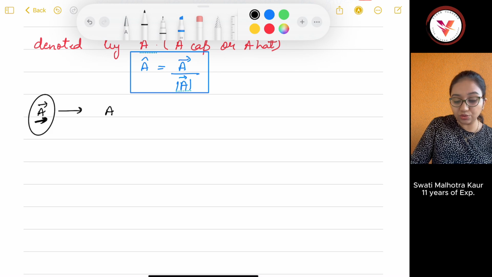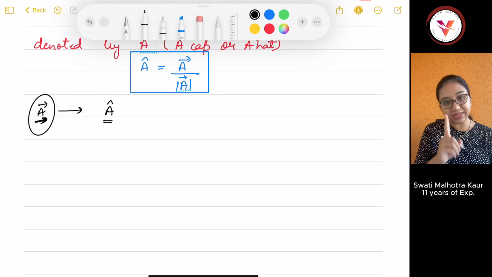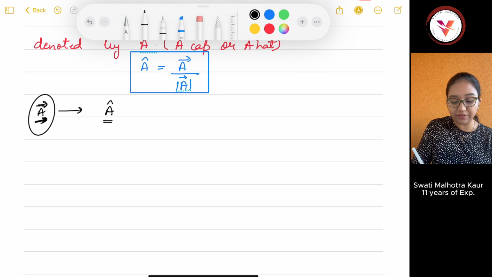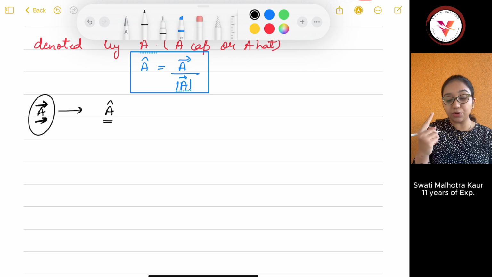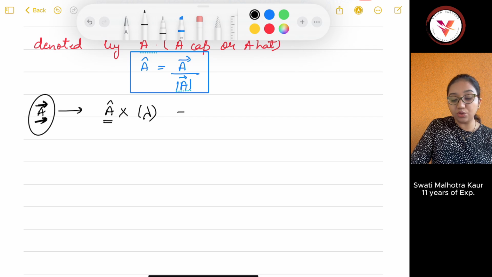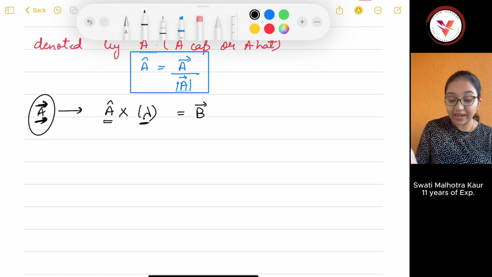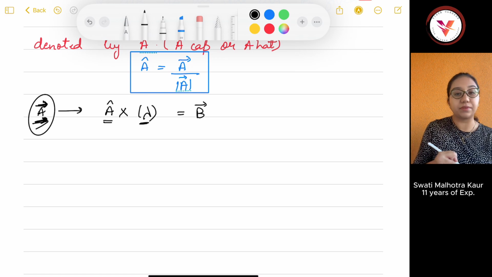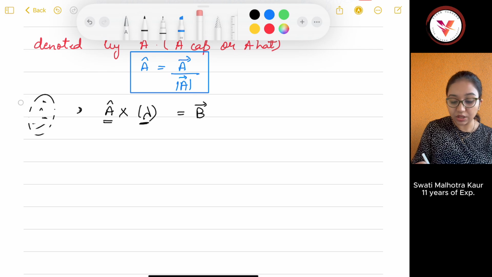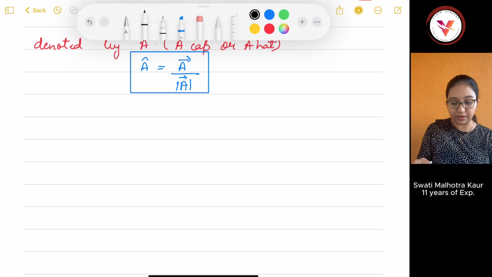If you calculate its unit vector, then you have a vector whose magnitude is 1 and direction is along this a vector. Okay, so if its magnitude is 1, then you can multiply it by any scalar number lambda, and you can get a new vector b which has a magnitude of this and direction is along a vector. Okay, so whenever you are asked to get a vector in the direction of a particular vector, you have to calculate its unit vector.